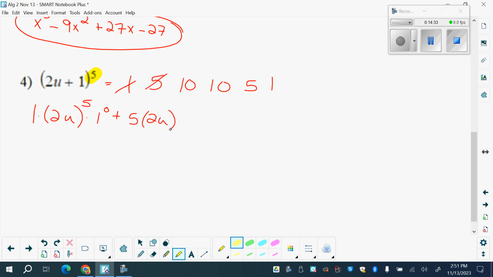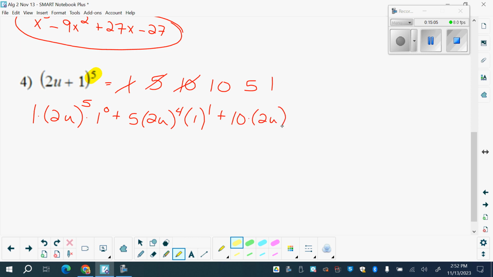Trace, what's my exponent on the 2U? Yes, it is 4. What is the exponent on the 1? 1. We start with 0 here, so we're going to go up 1. There we go. And then the next one, 10.